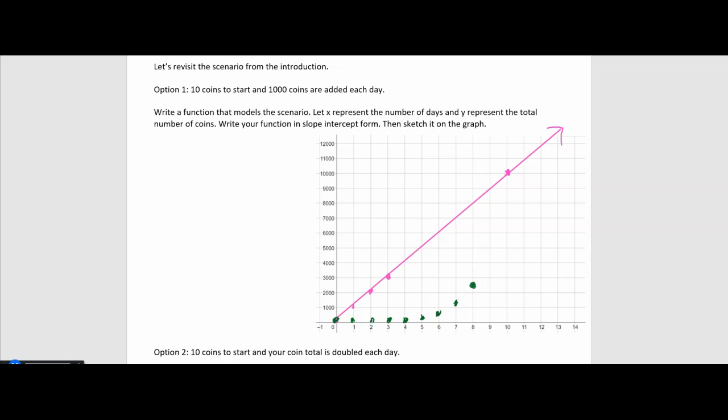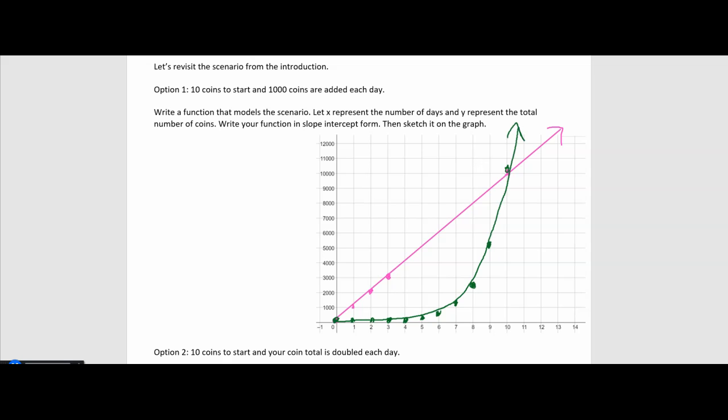I'm just making guesses about where these points are going. Then I have 5,120. And then on day 10, I have 10,240. So this is what the shape of this exponential function is going to look like.